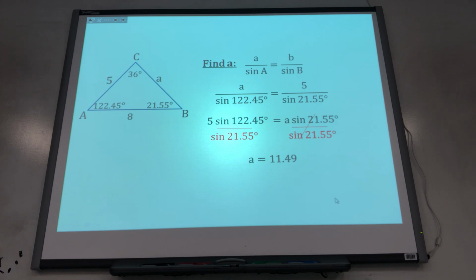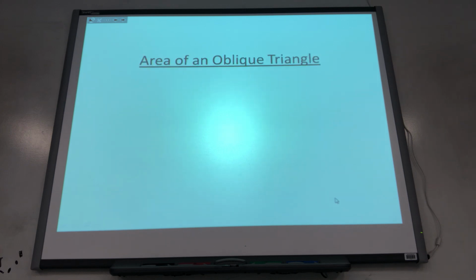Now, there's one more thing that we're going to do with oblique triangles, and that is to find the area of an oblique triangle. We're not just trying to solve, we're trying to find the area. Now, this is kind of like the law of sines in a way. There were 3 parts to the law of sines.